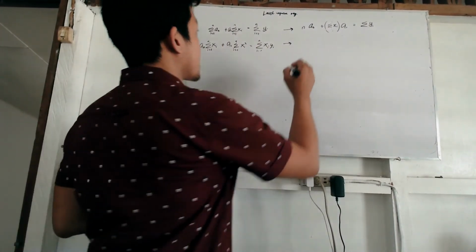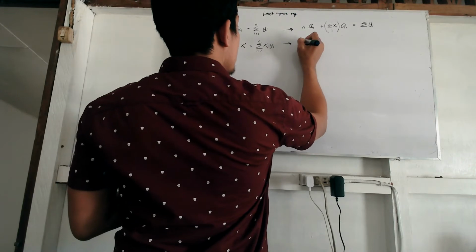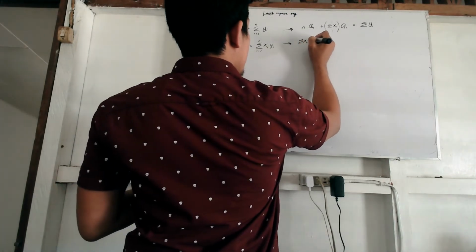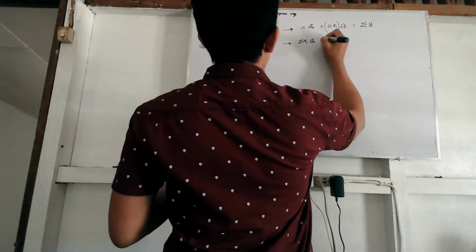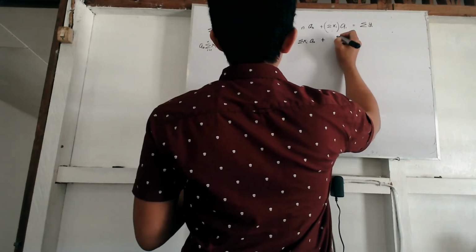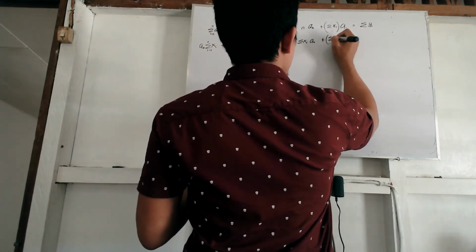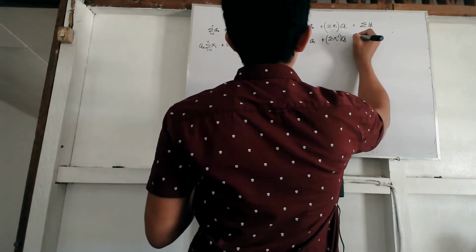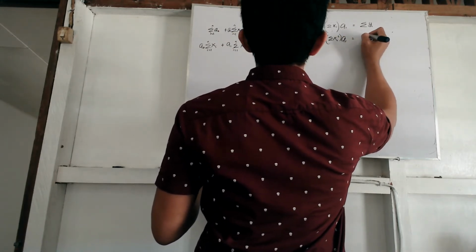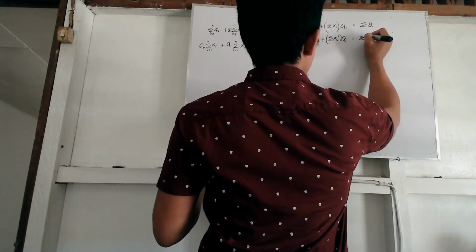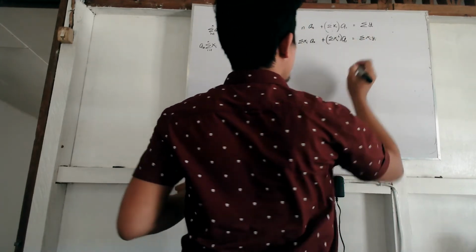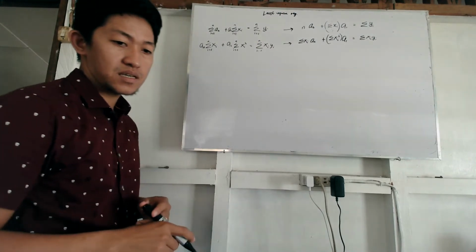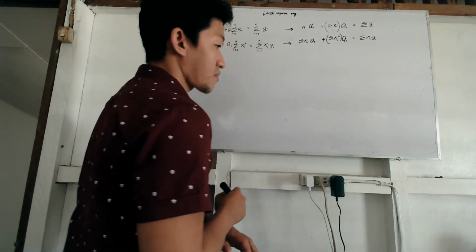So: summation of xi a0 plus summation of xi square a1 equal to summation of xi yi. Okay?